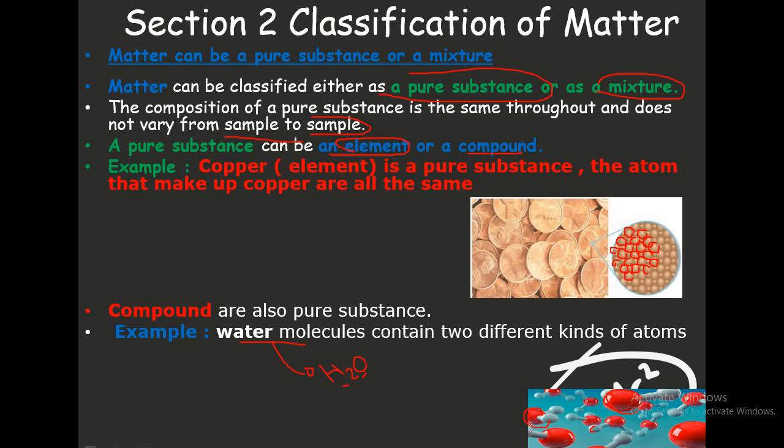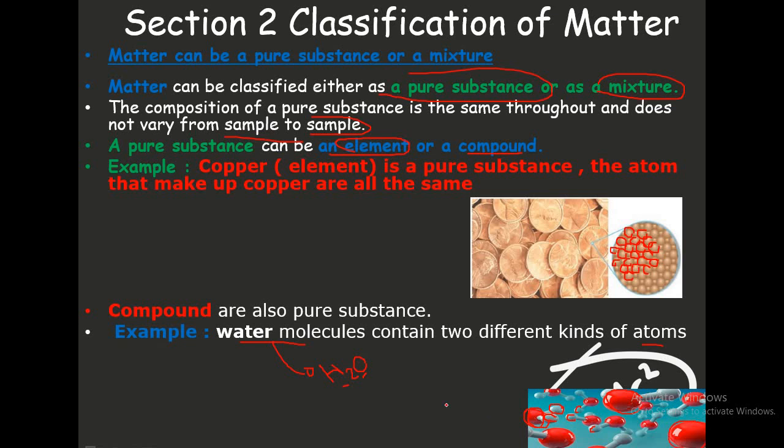This is oxygen and the white atom is hydrogen. So water molecules contain two different kinds of atoms, hydrogen, which is the white one, and oxygen, the red atom here, like this one.